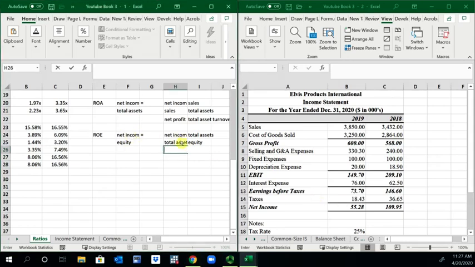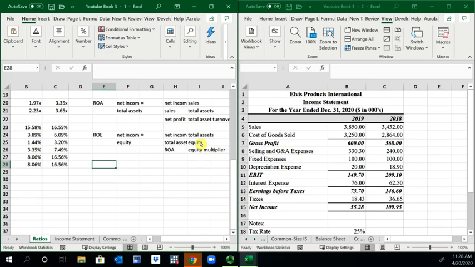ROA here is multiplied by total assets over equity. This is sometimes called the equity multiplier. When you do that, that'll get you ROE. So ROE is a function of ROA.